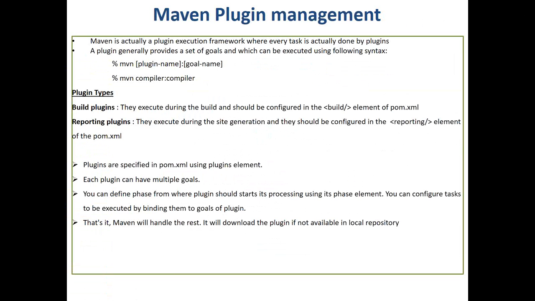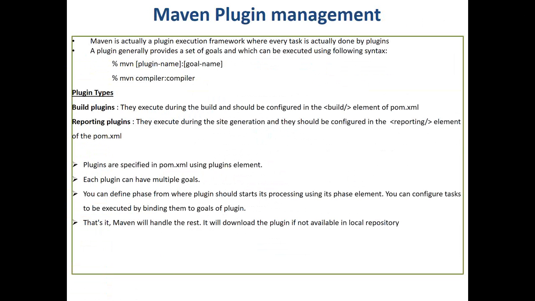So the last goal that you have, that is site, is referred to as the reporting plugin. But other than that, any kind of plugin that you will usually be using will be of the type build plugin only. So the default lifecycle of Maven is also going to be a part of build plugins only.